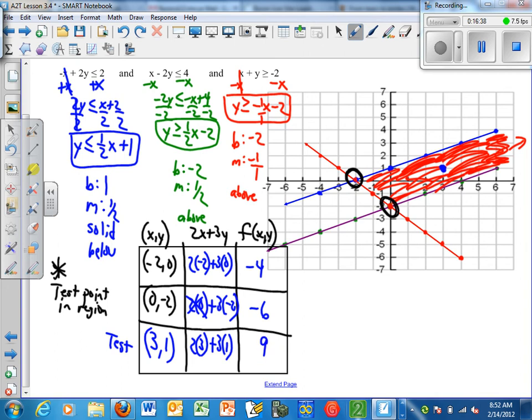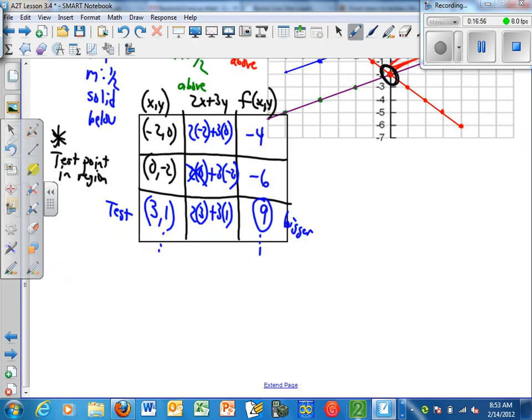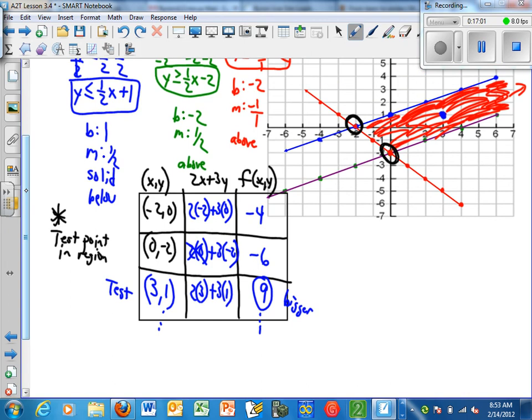And what's going to happen as you keep picking points out in that region, do you see how this is bigger than my other 2? So this is bigger than my 2 other vertices, which are the, kind of the corners of that region. That's bigger. That's going to mean this is going to keep getting bigger here as we keep going out.